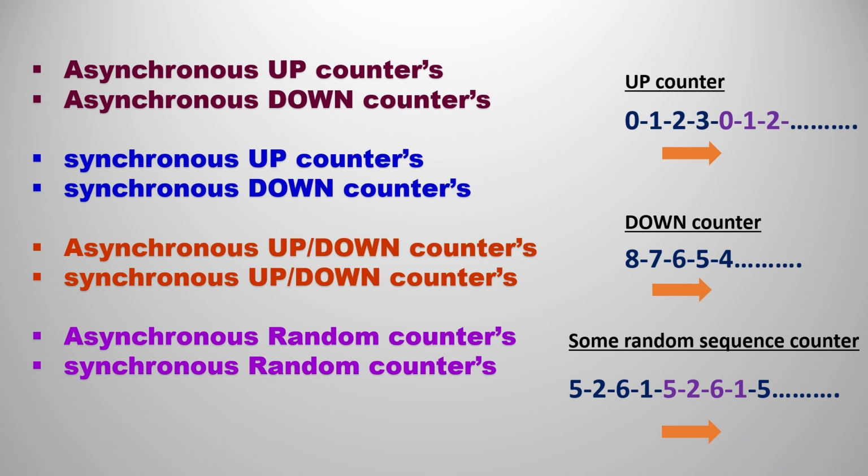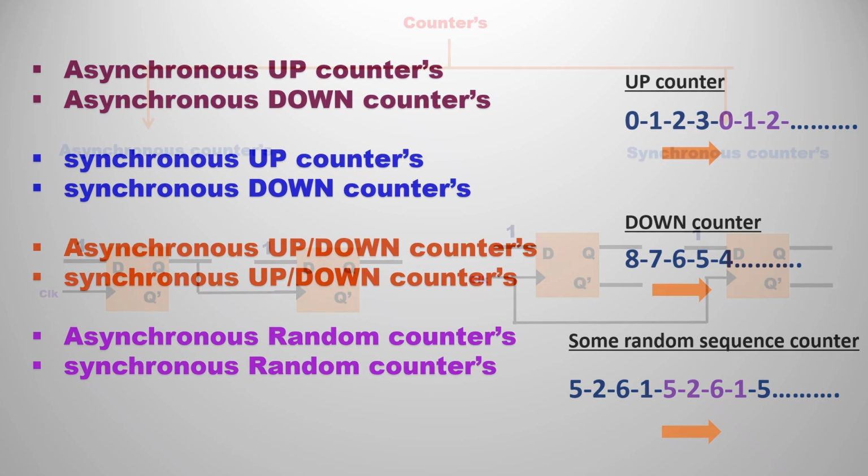A random sequence counter means you can have any sequence that you want in mind. I started with 5, 2, 6, 1. You can take anything, and again we follow the same sequence, 5, 2, 6, 1. That kind of counter we are going to build. How to build that and other things we will see in the upcoming videos. Just remember that random sequences can also be built, with some logic.